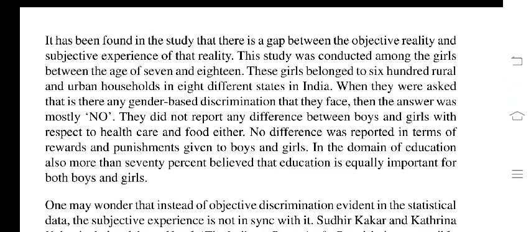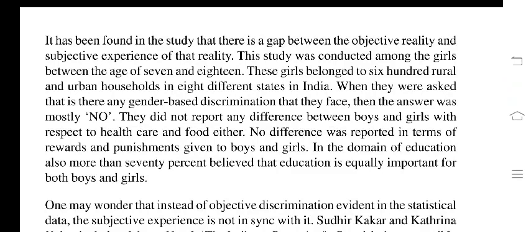It has been found in the study that there is a gap between the objective reality and the subjective experience of that reality. This study was conducted among girls between the ages of 7 and 8. These girls belong to 600 rural and urban households in 8 different states in India. When they were asked whether there is any gender-based discrimination that they face, the answer was mostly no. They did not report any difference between boys and girls with respect to health care and food either.